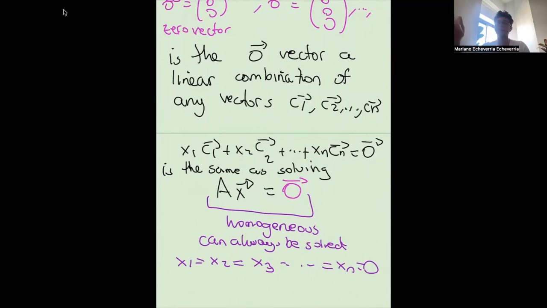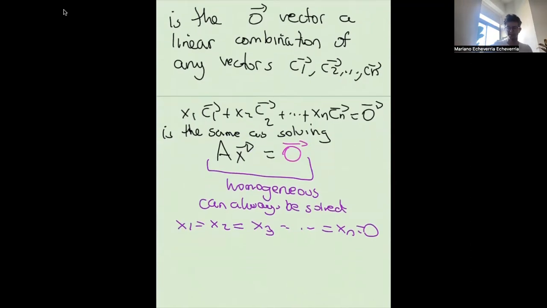But if that's the only way to solve the system of equations, then we say that the vectors are linearly independent.